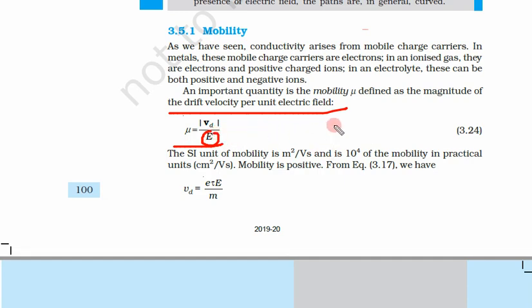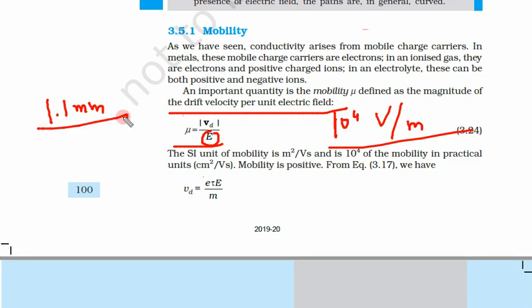Let us say the electric field is 10 to the power 4 volt per meter. One charge carrier has a drift velocity of 1.1 millimeter per second. Another charge carrier has a drift velocity of 2.0 millimeter per second.